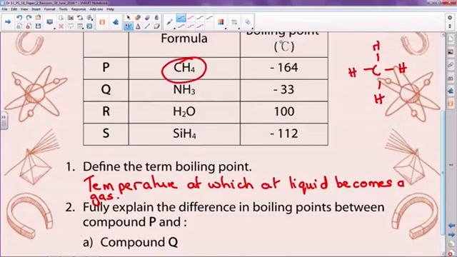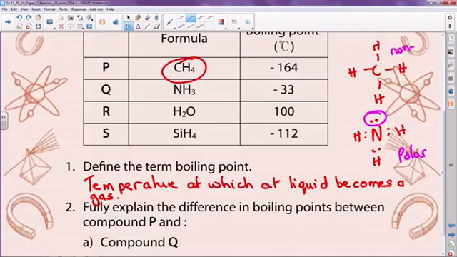And compound Q has got this. Here is the key: compound Q has got a lone pair of electrons. So this makes it a polar molecule, while CH4 would be non-polar. So what does that mean?